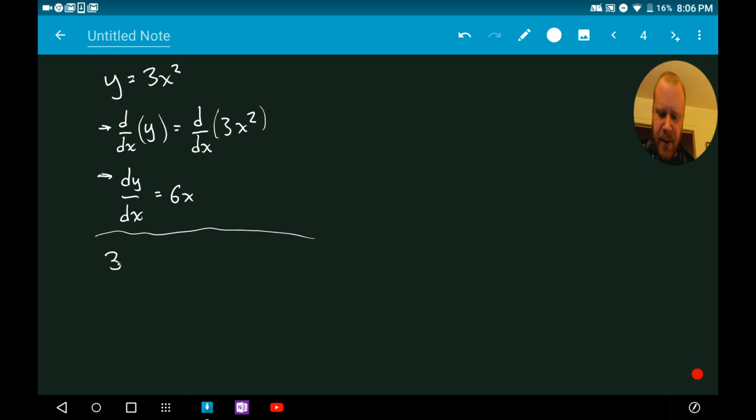So I could have something like 3y to the 4th plus x to the 7th equals 5x. And suppose I wanted to find dy dx. The way that I can go about doing that is this same process, right?